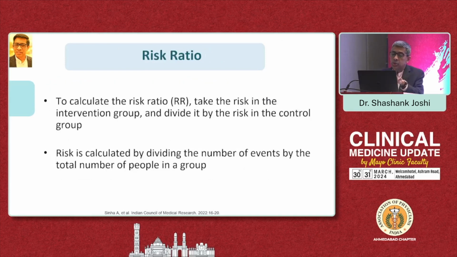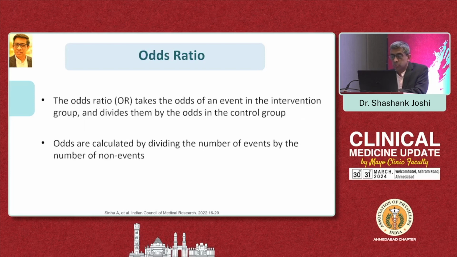To calculate risk ratio, take the risk in the intervention group divided by the risk of the control group, and the risk is calculated by dividing the number of events by the total number of people in the group, often done for the cardiovascular outcome trials and various other outcome trials. The odds ratio is the odds of an event in an intervention group, divided by the odds of the control group.